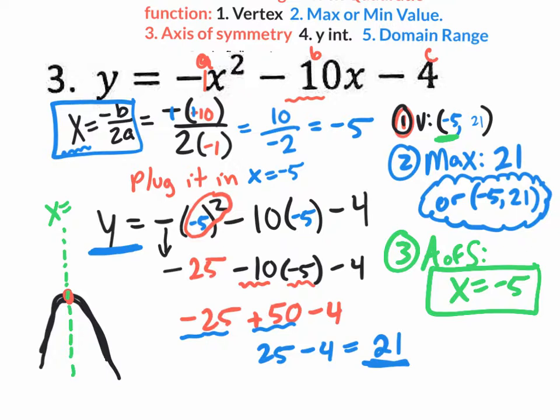Number 4, the y-intercept. The y-intercept is where your graph will cross the y-axis. Now, we don't even have the graph. You're not able to look at it. So we don't want to do this visually. We want to do this algebraically. Now, remember, we just said to find the y-intercept, you have to set x equal to 0 and solve, right?